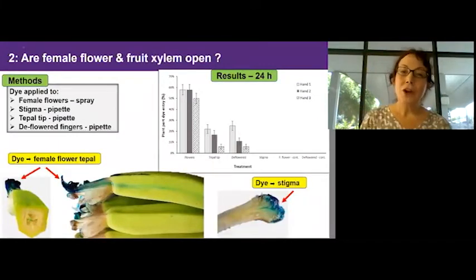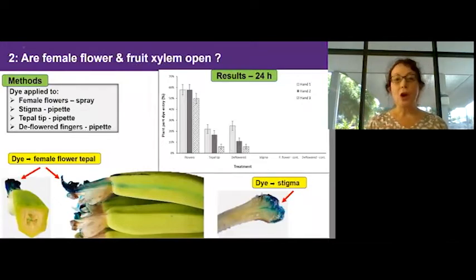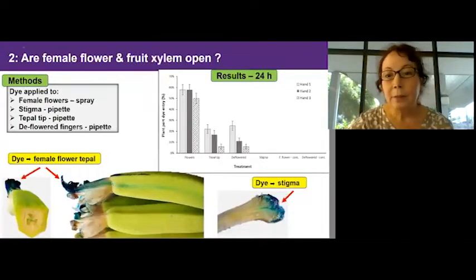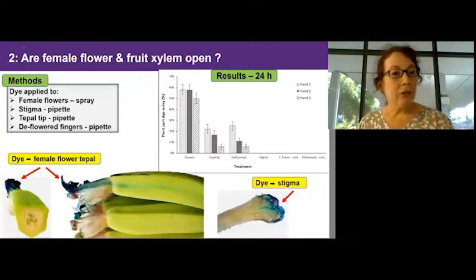Now, we've shown that infection occurs through the fruit, can occur through the pedicel, but can it actually occur through open xylem at the flower end of the fruit? So we applied dye to various parts of the female inflorescence. Dye was applied to the female flowers, stigma, tepal tip, deflowered fingers.